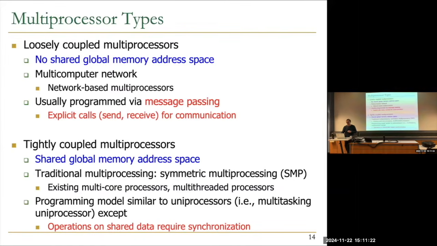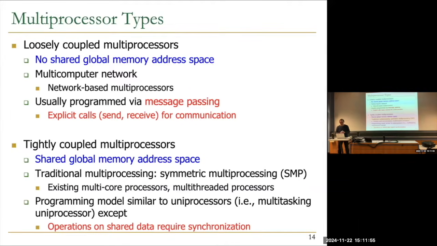So you could think of it as a multitasking uniprocessor, except operations on shared data require synchronization. Again, there's a difference between programming model and hardware execution model. You could have a tightly coupled multiprocessor, a multi-core processor, and program it using message passing. This is a bit easier to achieve, I think, than the other way around. Essentially, if you have message passing based programs, you just need to translate them to loads and stores.